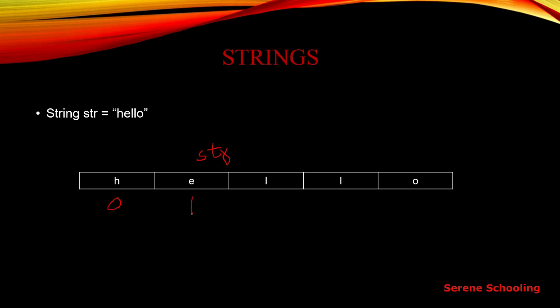Then we have E at index 1, then L at index 2, then again L at index 3, and then O at index 4. So we know that each character is at a specific index. This is called an index, and you can access each character of this string through indexing.